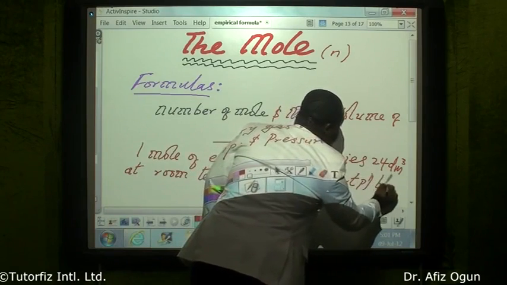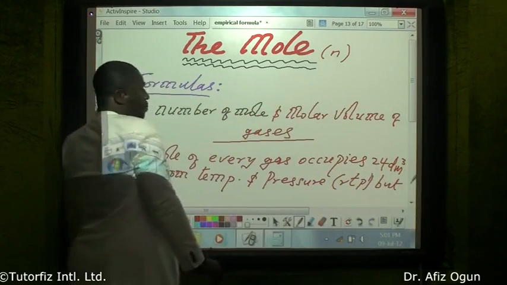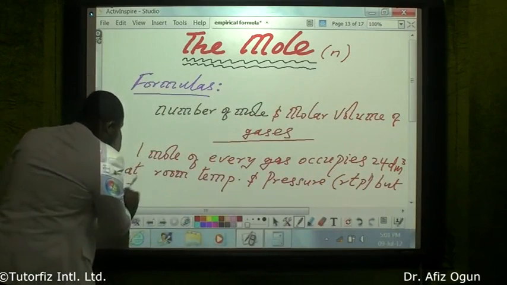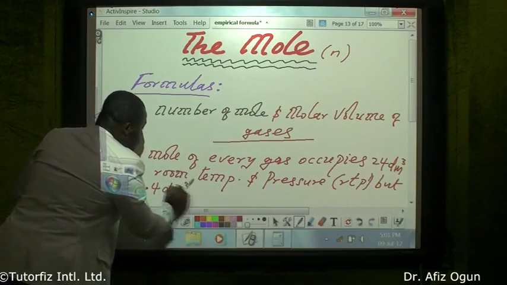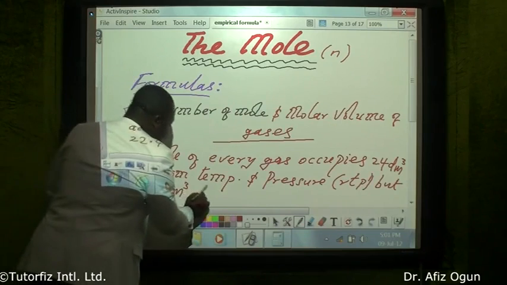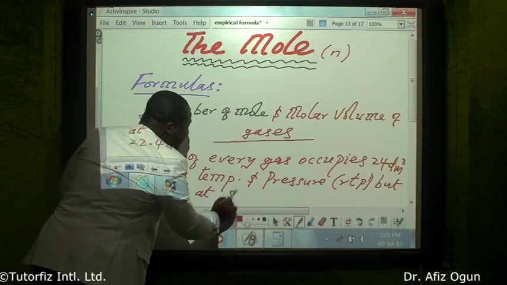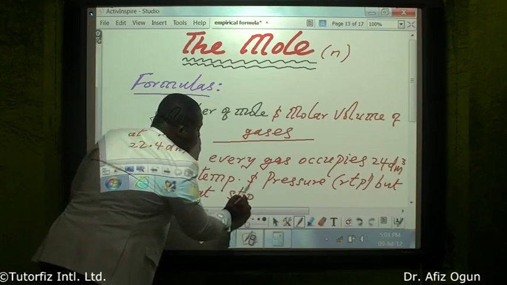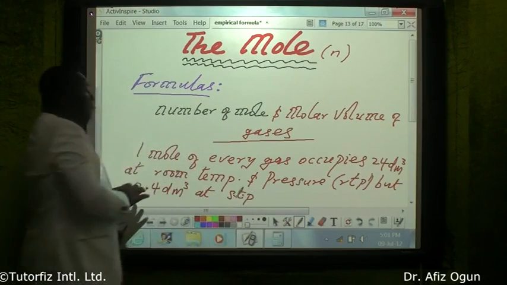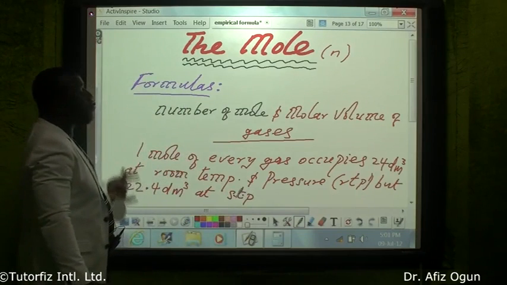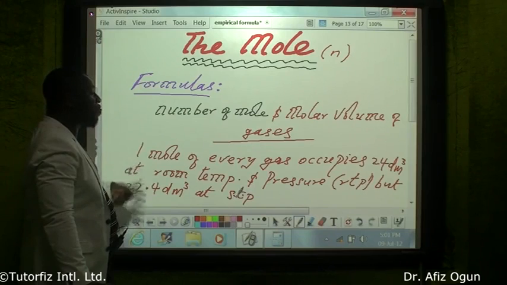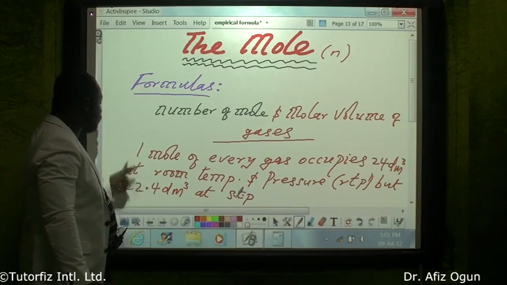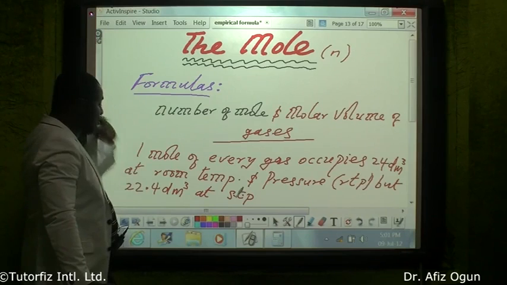But 22.4 dm cube at standard temperature and pressure, STP. At room temperature and pressure, 1 mole of every gas occupies 24 dm cube, but at standard temperature and pressure, it occupies 22.4 dm cube.